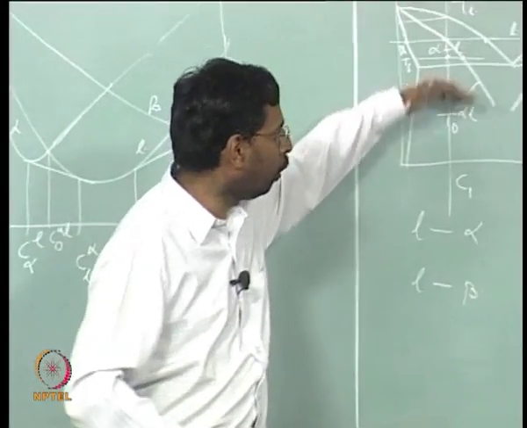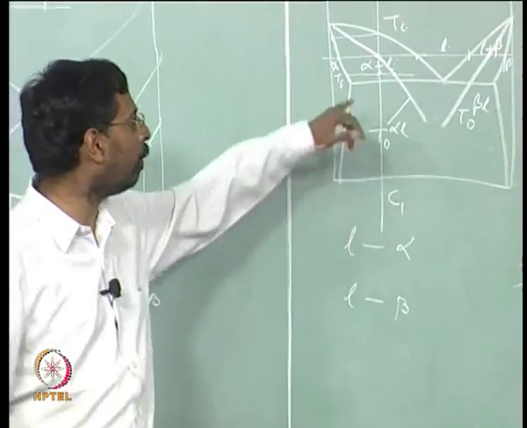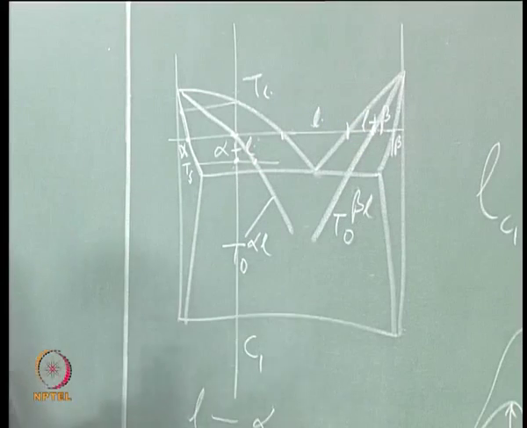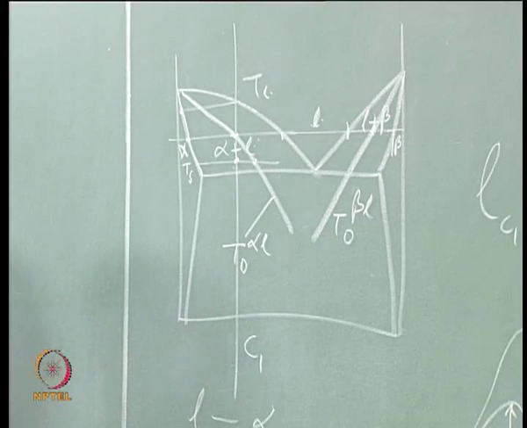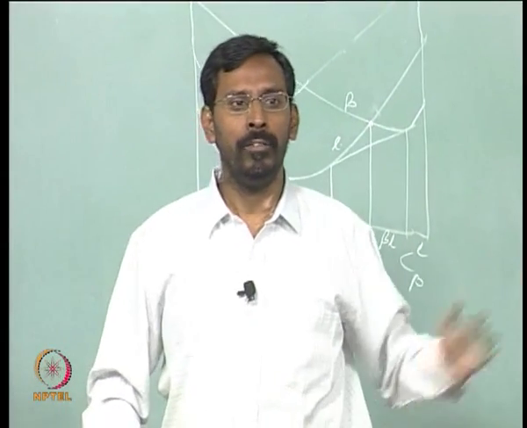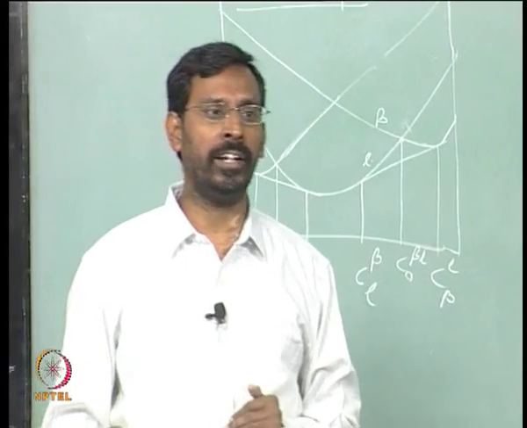As you slowly come to lower and lower temperatures, by the time you reach the eutectic you will have more and more alpha, and the liquid that is left at the eutectic will undergo a eutectic reaction. Once I reach room temperature you will have primary alpha plus a eutectic mixture. This is the typical microstructure for that alloy, which we usually call a hypoeutectic alloy, am I right?